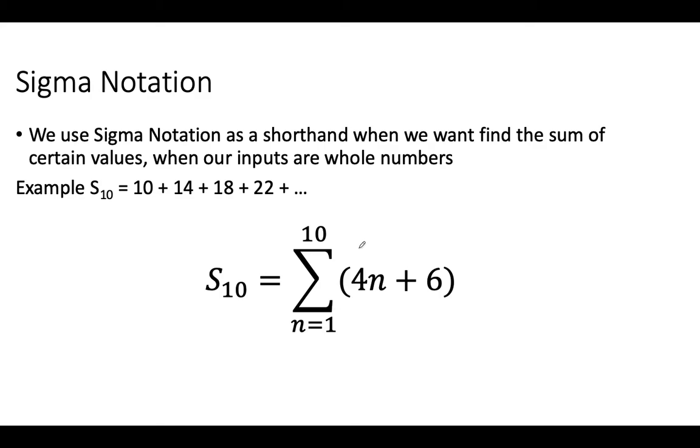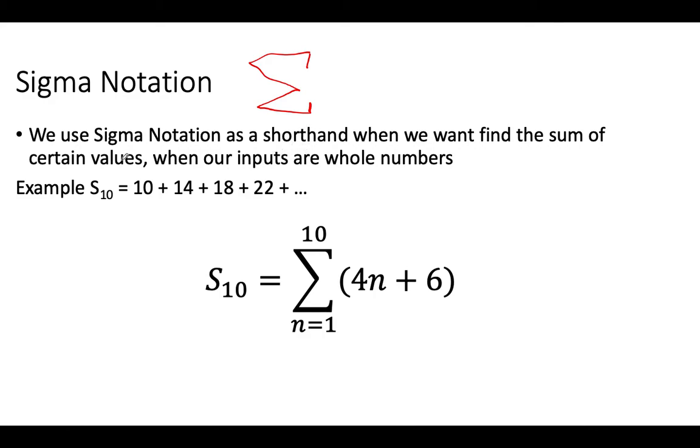And so we introduce this Greek letter sigma. It's kind of this weird E again, but it's a shorthand to find the sum. So this means the sum of some values, and so it's following the same rule.